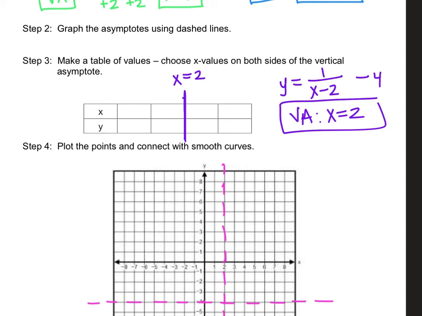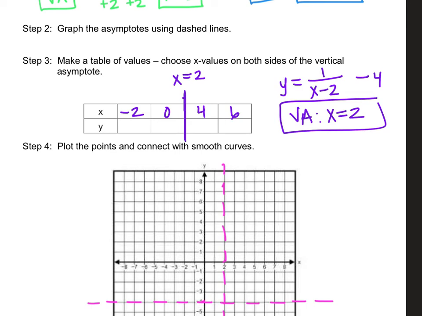Anything bigger than 2. My graph goes up to 9, so I could plug in, let's say, a 4, and maybe a 6. Then I need 2 values on the left side, less than 2, so maybe a 0 and a -2. Again, what you choose doesn't matter as long as it's 2 points on the right and 2 points on the left of your vertical asymptote.